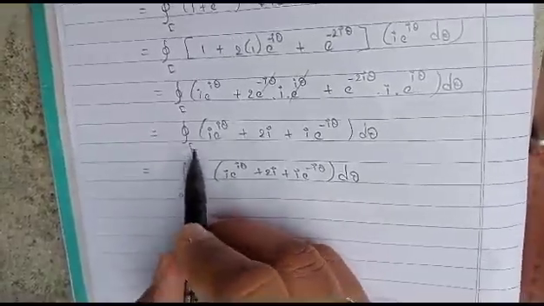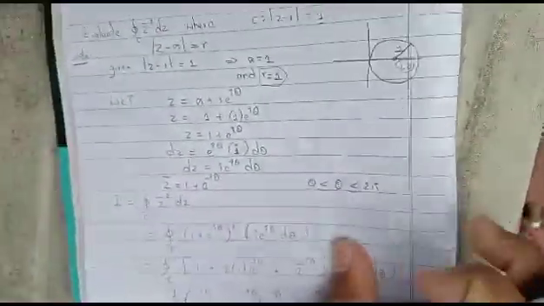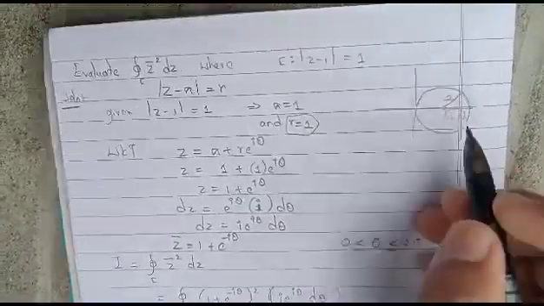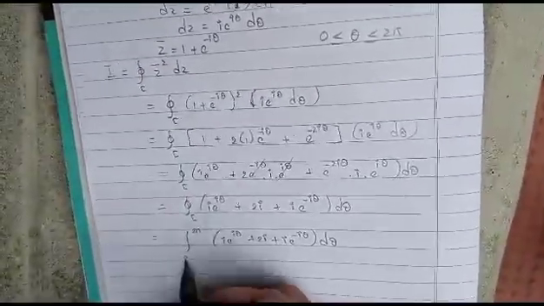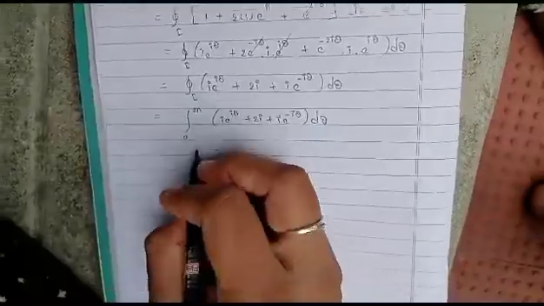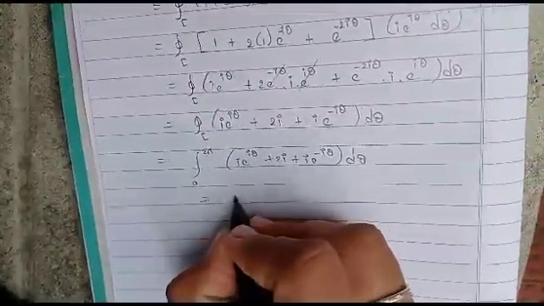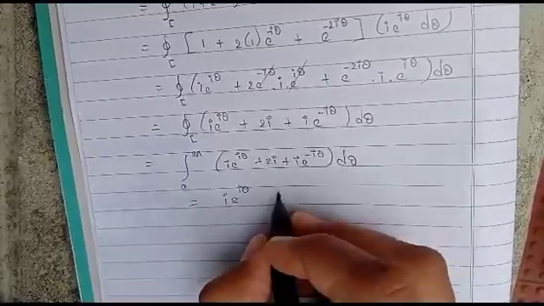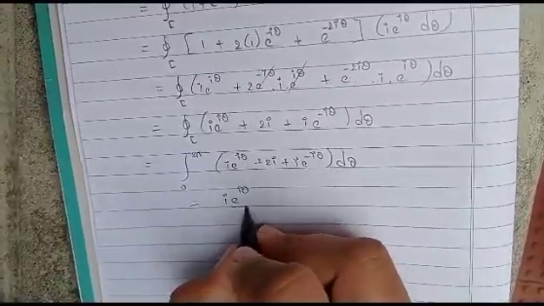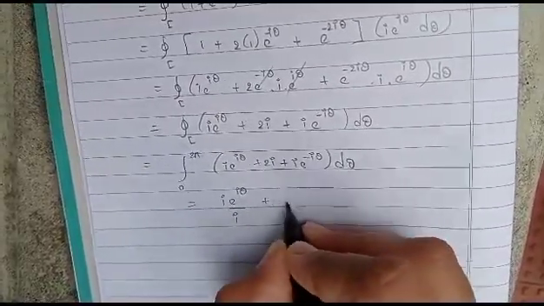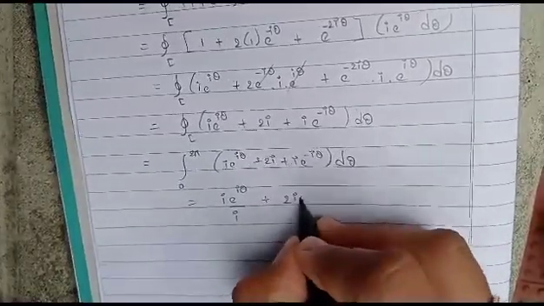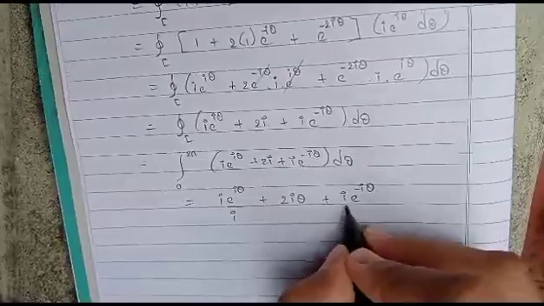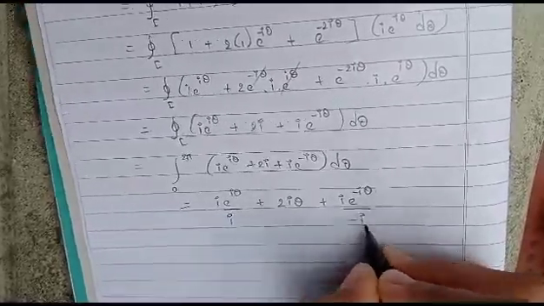As because circle varies from 0 to 2 pi. So here theta varies from 0 to 2 pi. That while integrating we get i into e power i theta divided by i plus 2i theta plus i e power minus i theta divided by minus i.